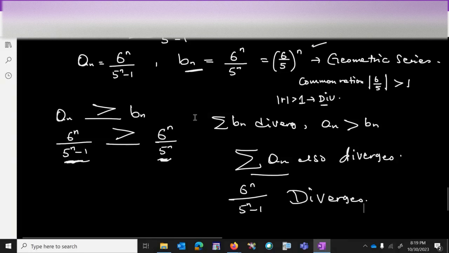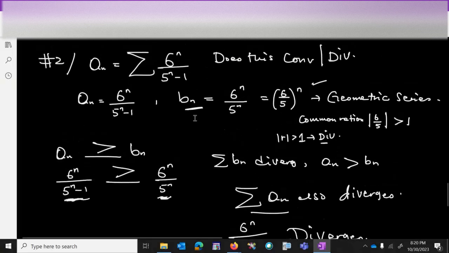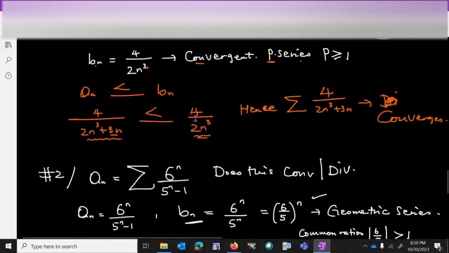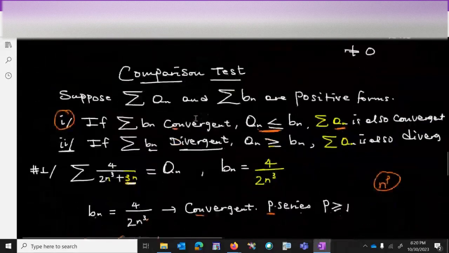So basically, in the comparison test, you have to know your b sub n. Your b sub n always comes from a sub n by the dominant factor, or by eliminating the extra number in the denominator. Then you just follow these two rules.